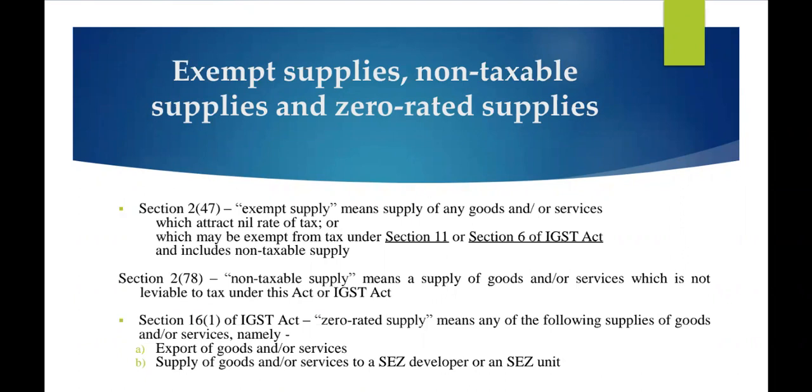If anybody is supplying such goods as per section 16 subsection 1 of the IGST Act, these are zero rated supplies. The rate of tax for them will be zero.